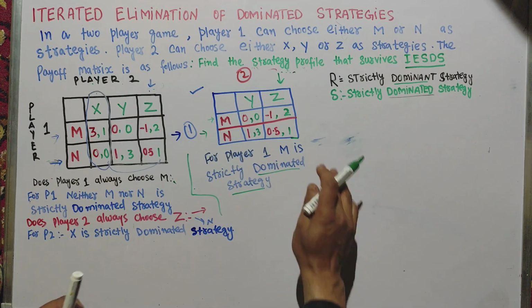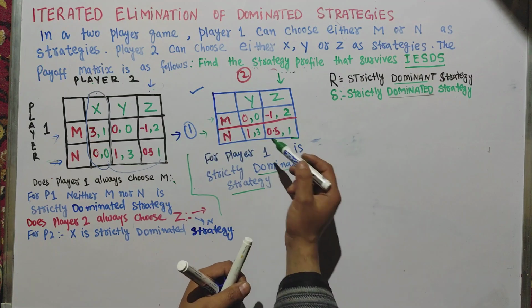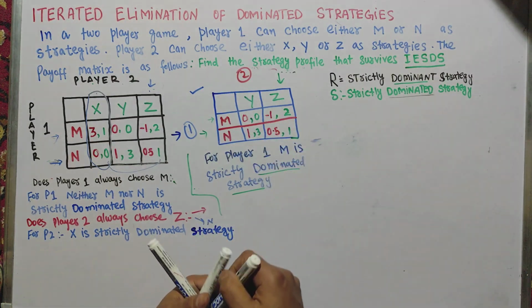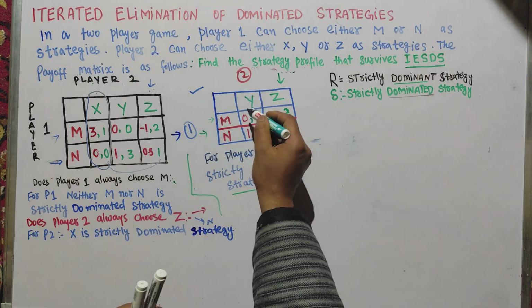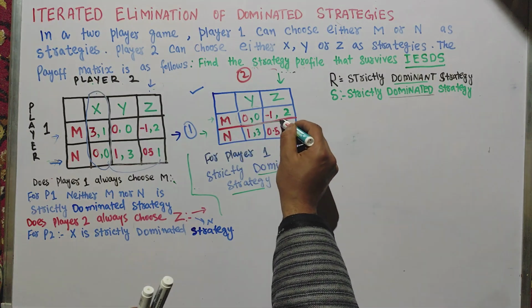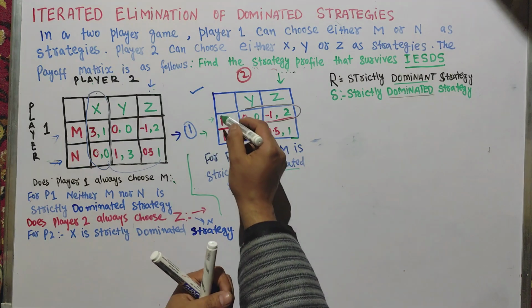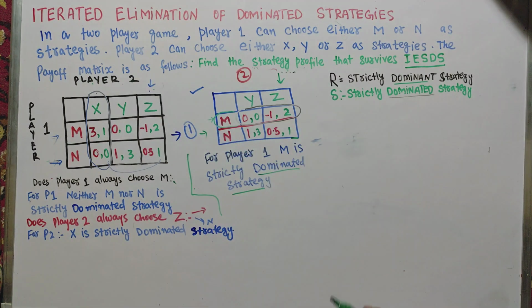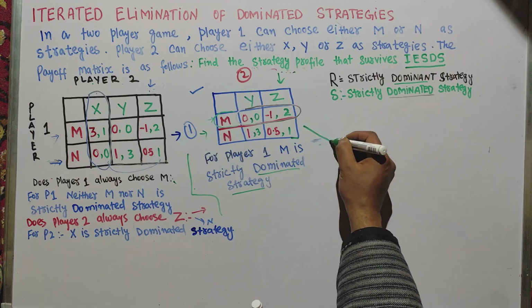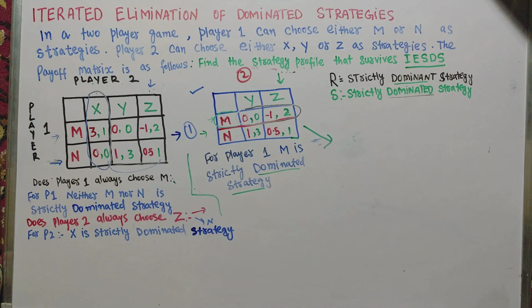So in this case, what will we do? We will delete this row. So what will be our next table?